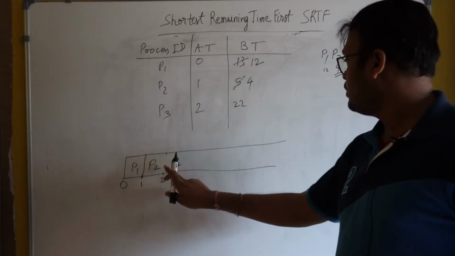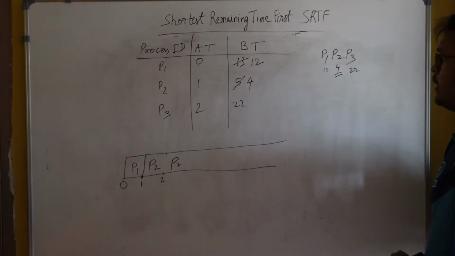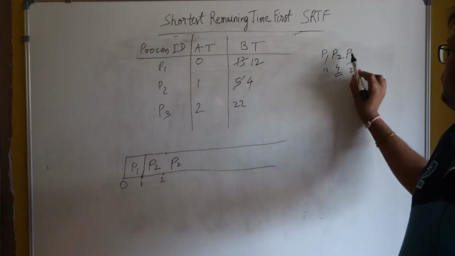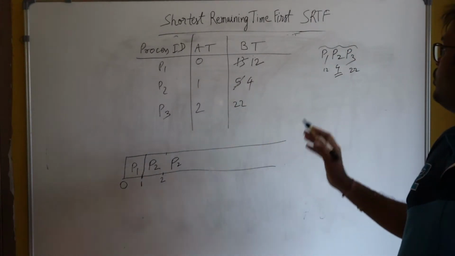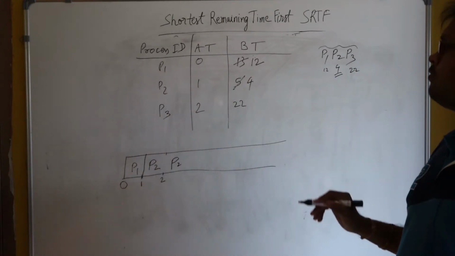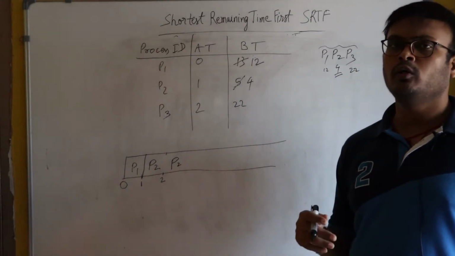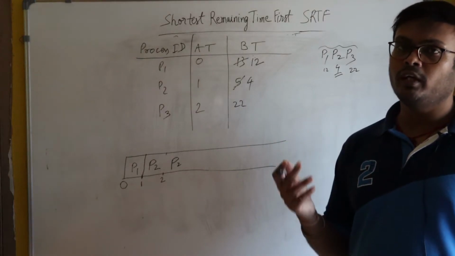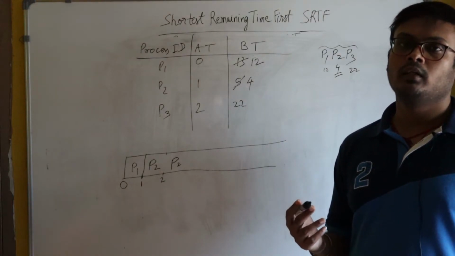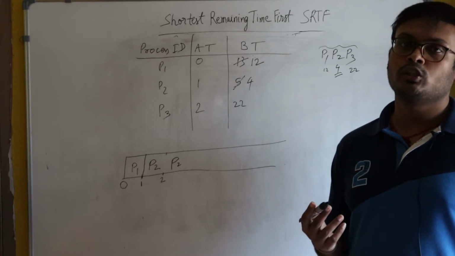Now you can see that all 3 processes are available. So from here, you can simply apply shortest job first, which is a non-preemptive algorithm, as I already told you in the previous example. If all the processes are available, then we can apply shortest job first.